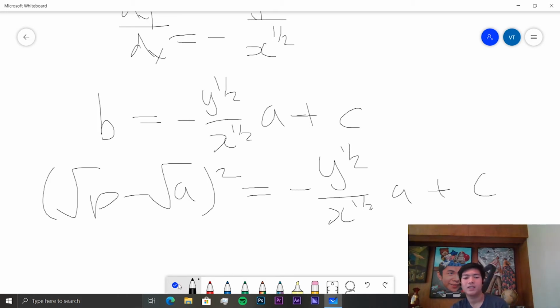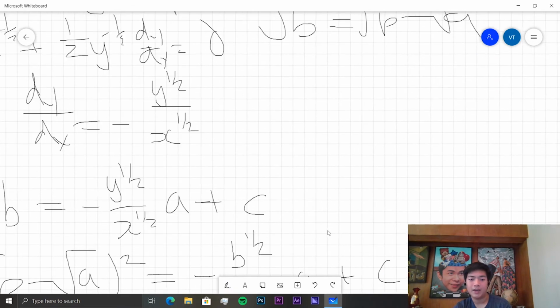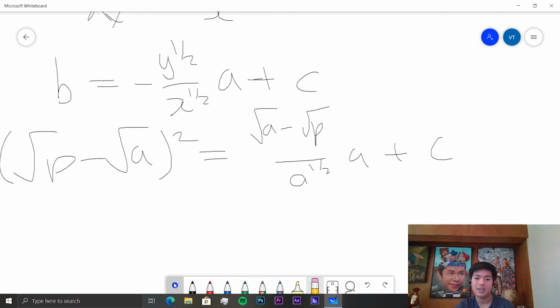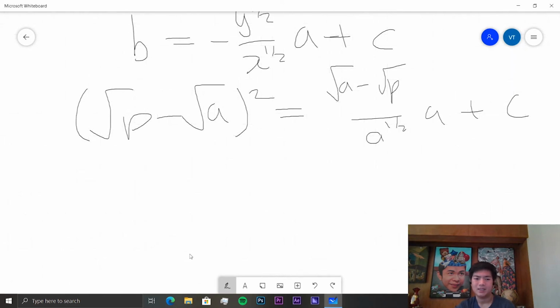But then of course, at this point, this would be a and b as well. And so we know that b to the 1/2 is equal to root p minus root a. So we have is equal to negative root a minus root p over a to the 1/2 times a plus c.